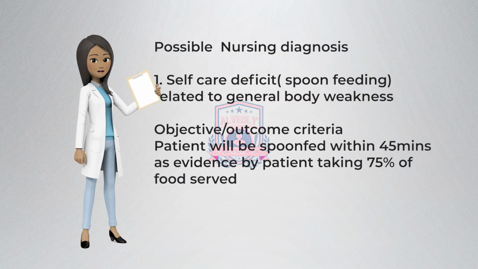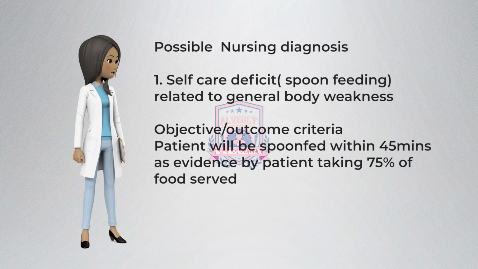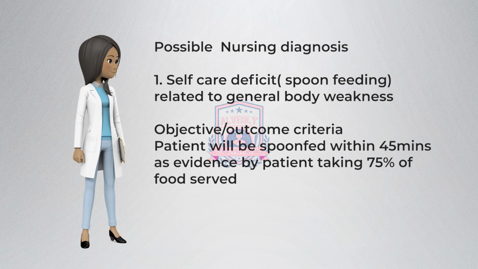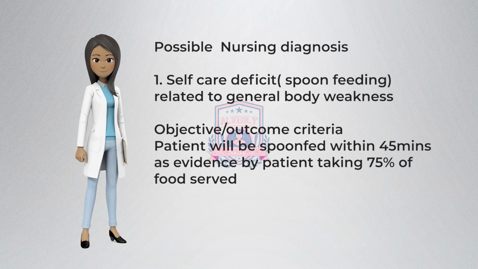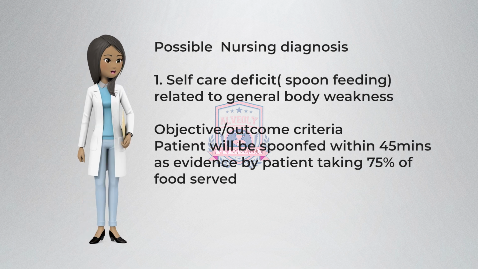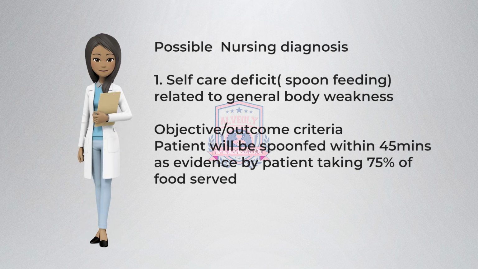Possible nursing diagnosis. 1. Self-care deficit. Spoon feeding, related to general body weakness. Objective outcome criteria. Patient will be spoon-fed within 45 minutes, as evidenced by patient taking 75% of food served.